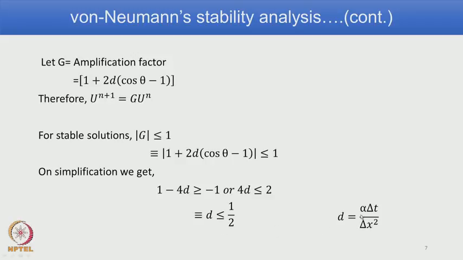So, you can adjust delta t and delta x in such a way that d is less than or equal to 1 by 2, in order for the scheme that you have chosen, that is forward in time and centered in space, to be stable. For that model equation, the solution to be stable, one has to satisfy the condition that d is less than or equal to half.